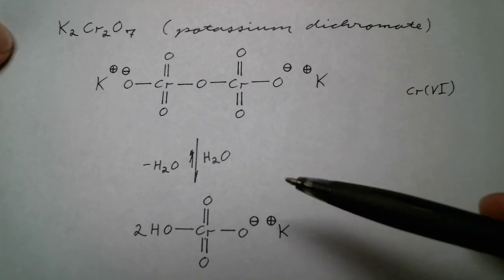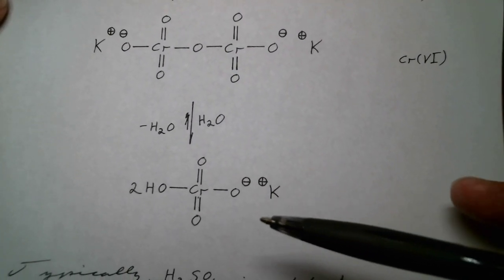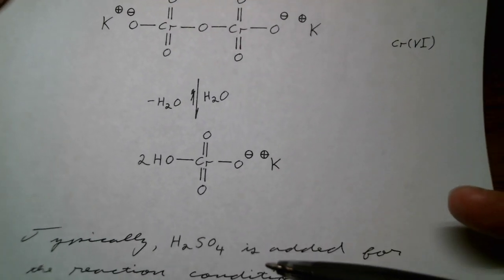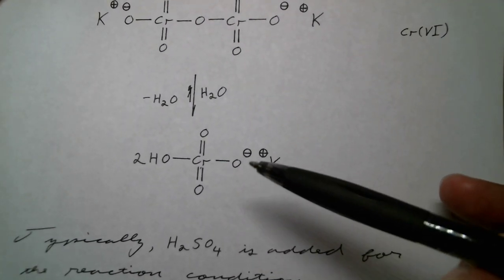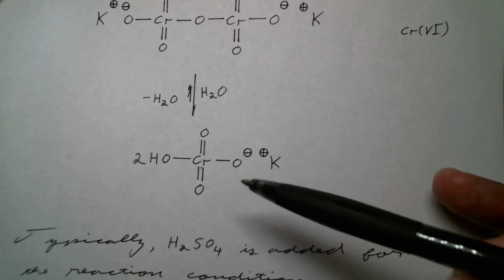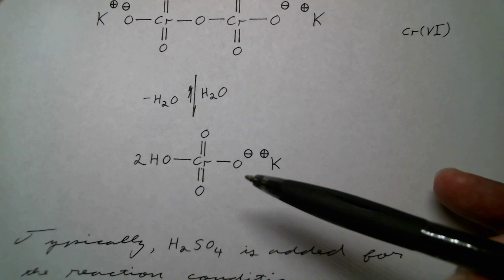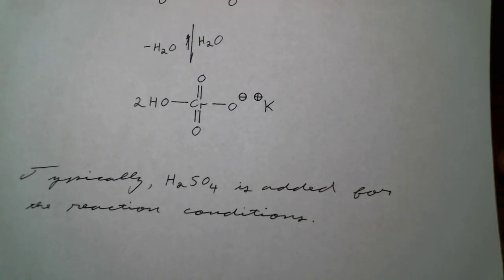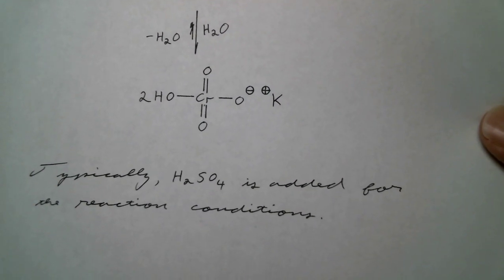If we throw this in water, we can break it up. Oftentimes we will add H2SO4 so that we'll have the protonated form of this potassium chromate salt. And so how does it work?